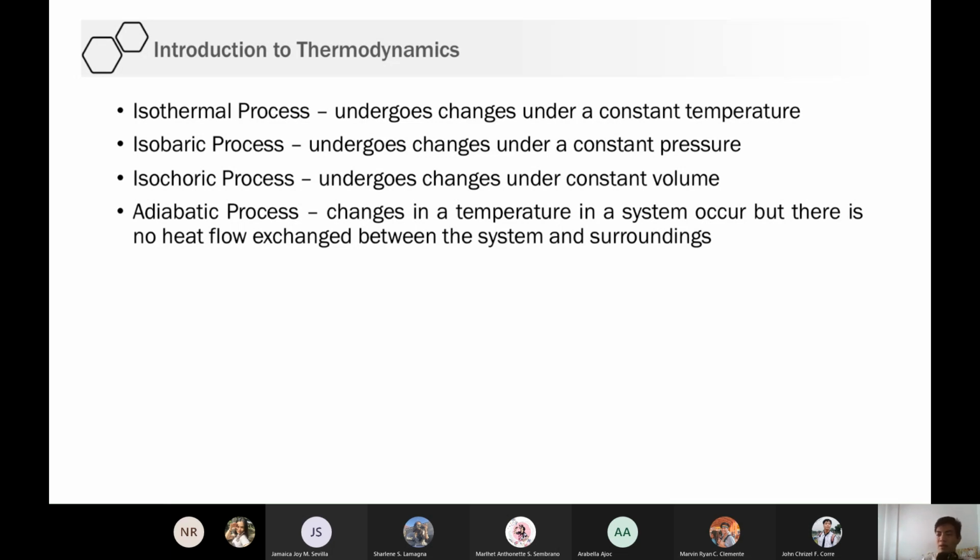Pero there is something that happens in the system. Umiinit yung system, 'di ba? Pag di nyo alam yan, ibig sabihin hindi kayo naglilinis ng CR. Pag inalo nyo yung muriatic sa tubig, umiinit siya. Constant yung volume, pero there is something happening with the energy of the system. So isochoric process yan.